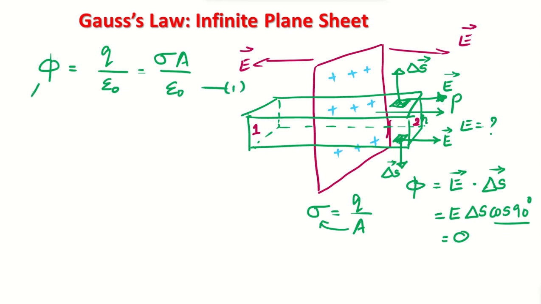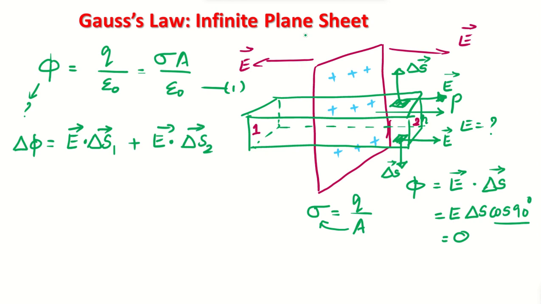இப்போ நம்ம flux calculate பண்ணுறோம். So for flux calculate பண்ணும்போது தான் நம்ம என்ன டிசைட் பண்ணியிருக்கோம்? Flux from surface 1 and surface 2 only we are going to take into account. For delta phi equals E dot delta S1 plus E dot delta S2 we are going to write.